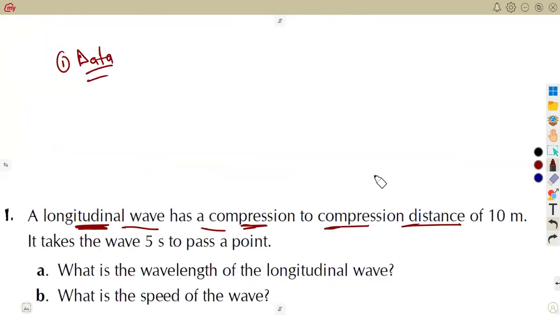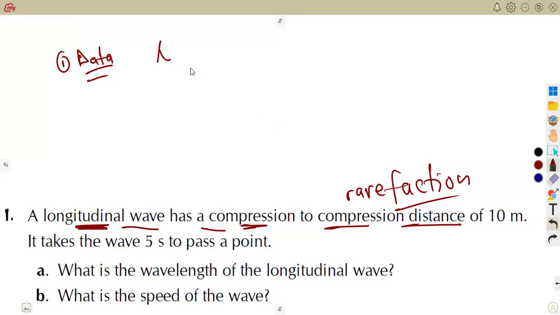They are simply giving us the wavelength.